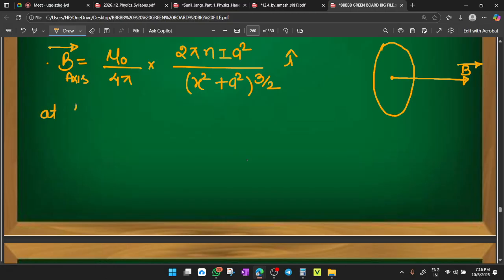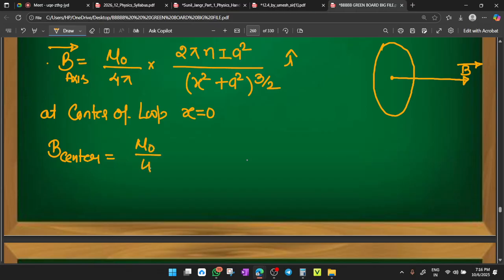At the center of the loop, what you have to do is place x equal to 0. Clear? So watch carefully. At the center of the loop, you will get the same result: mu naught upon 4 pi, 2 pi I a square. Now this x becomes 0, so 0 plus a square equals a square whole to the power 3 by 2.